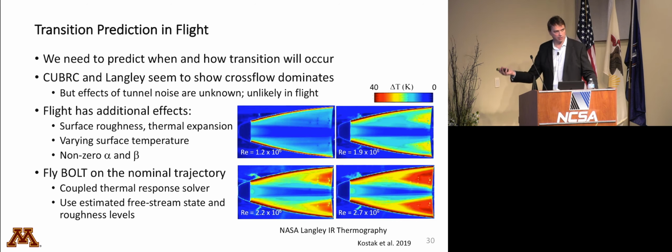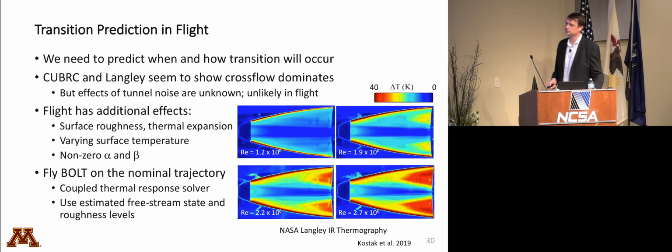You can't run at high enough Reynolds number in the quiet facility to get transition, so we don't have transition under quiet conditions. And then flight has additional effects that we have to understand: actual roughness of the surface, thermal expansion of different parts, temperature is going to vary. You're not going to fly at perfect alpha equals 0, beta equals 0.